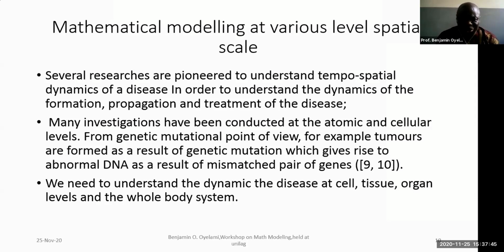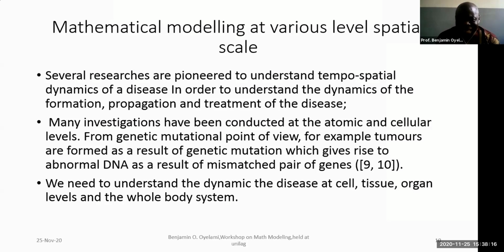And in order to understand that, there are a lot of things we need to do. We must look at the disease. How is the disease itself formed? For example, the disease that is reigning today is COVID-19. How does it form? When it is formed, how does it enter a human being?